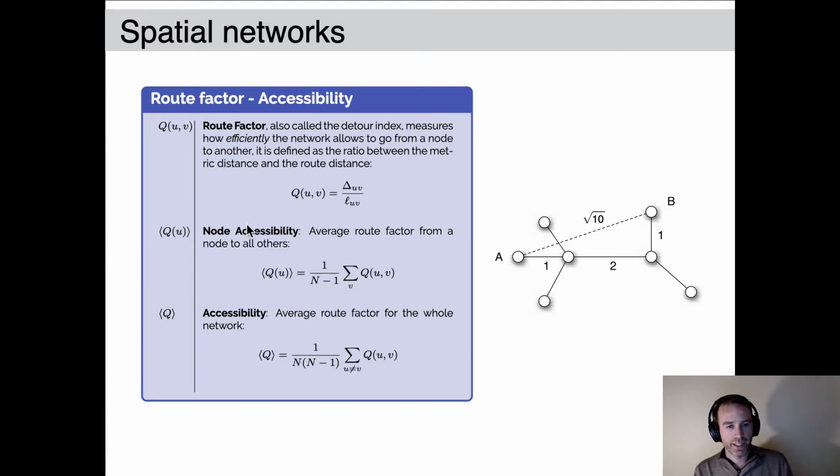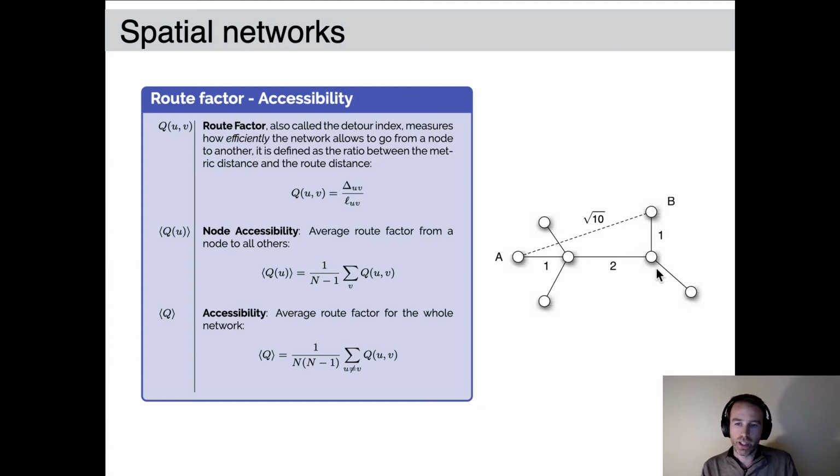The node accessibility is defined from the root factor and is simply defined for a node. So for instance, you want to know the node accessibility of node A, and you compute it by computing the root factor distance to all the other nodes. So how much you need to take a detour to reach all the other nodes.